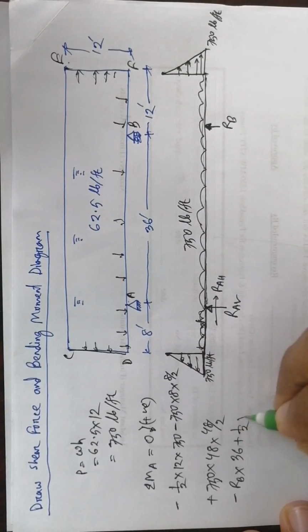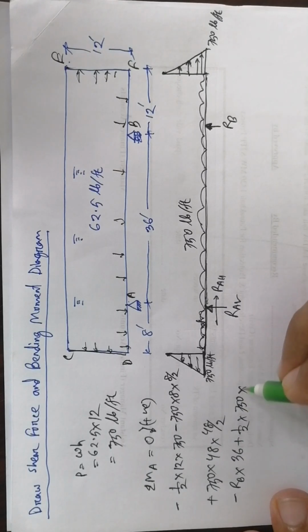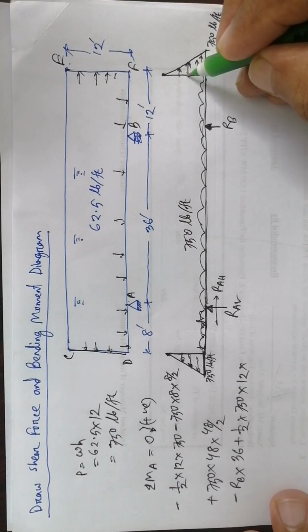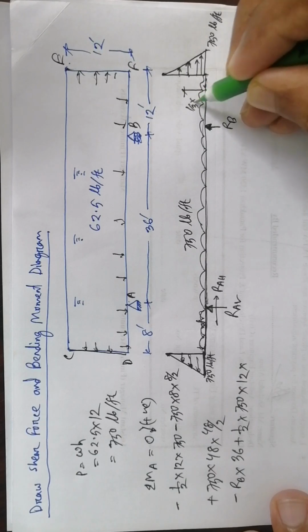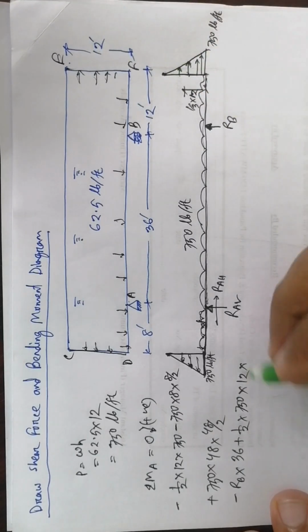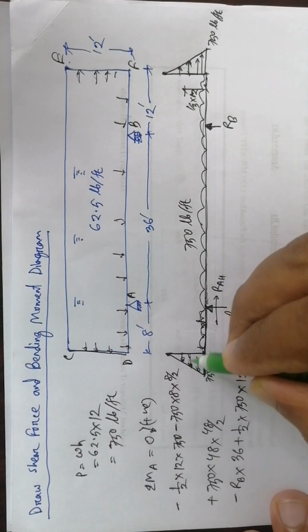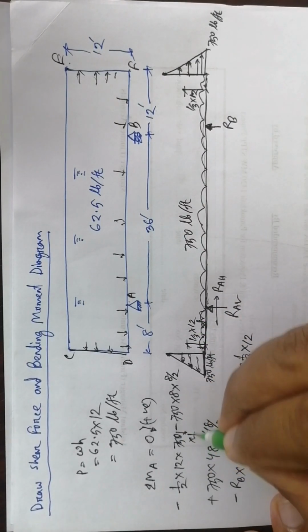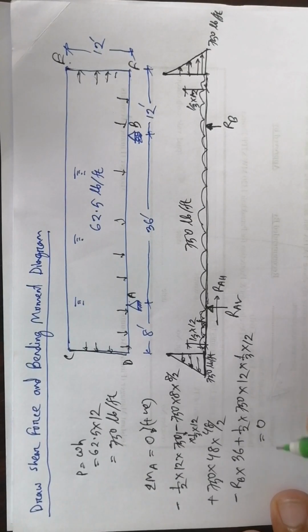This is also triangular, so half into 750 into 12 is the force, and for moment the distance is 1/3 of 12 from the base. So into 1/3 of 12 equal to 0.